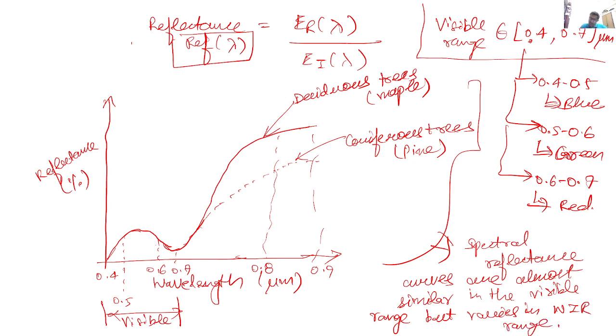So if you are observing the top of the canopy of, let us say, a deciduous tree versus a coniferous tree from a satellite image, you will be able to distinguish these two, although both the images will look green from the top, but you will be able to distinguish them.